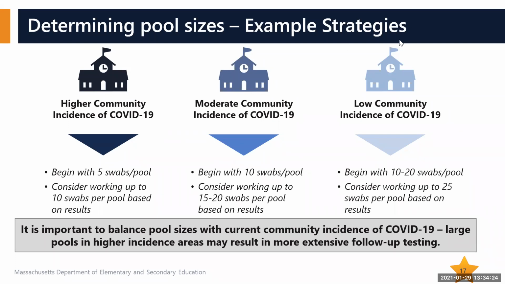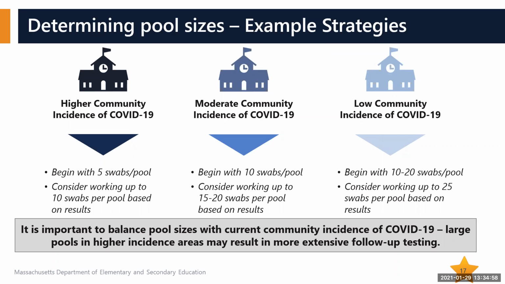So again, thinking about your incident rate, working with your vendor partner to have this discussion about where you're at, what the size of your pool will be, will be really important as well. If we don't do this mindfully, if you're a higher incidence community with large pools, we could end up with a lot of follow-up testing that's necessary, and we want to minimize that follow-up testing or match it well to what the needs of your community are.